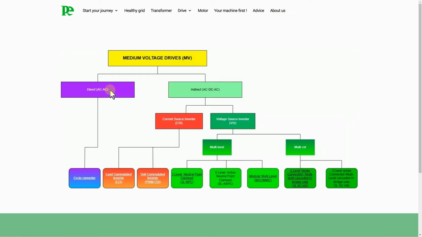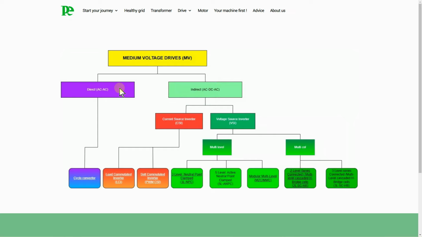It is feasible to convert the constant supply voltage and frequency from the grid into variable voltage and frequency, either directly, that is from AC to AC, or indirectly, that is from AC to DC and from DC to AC.